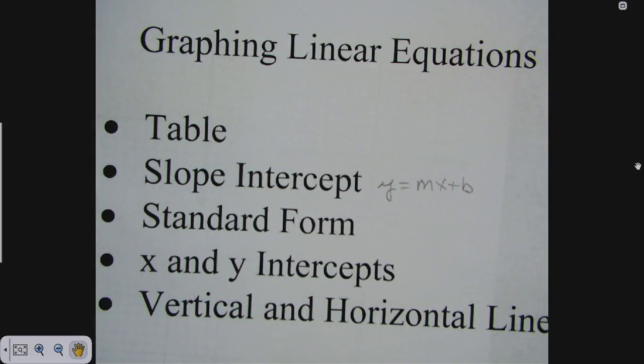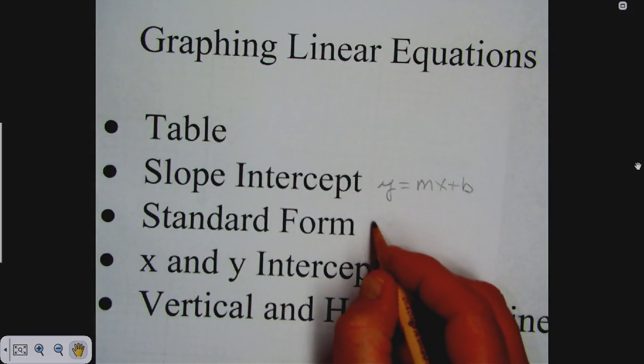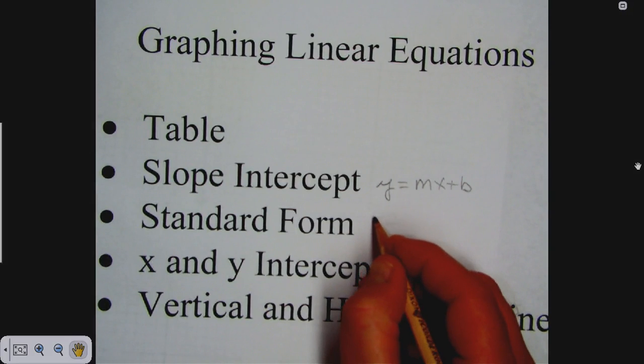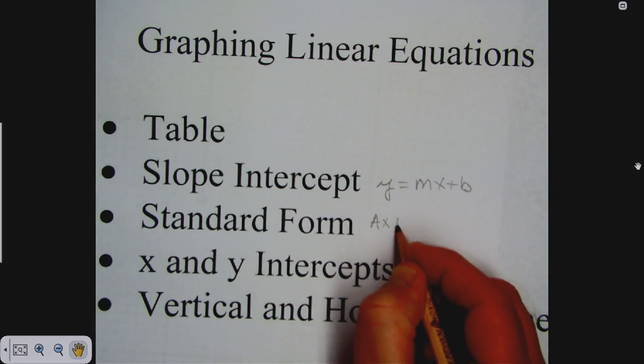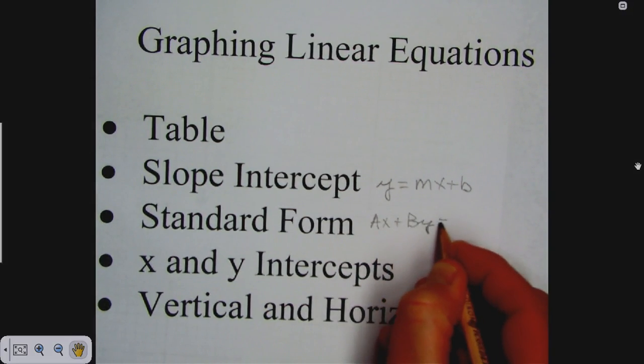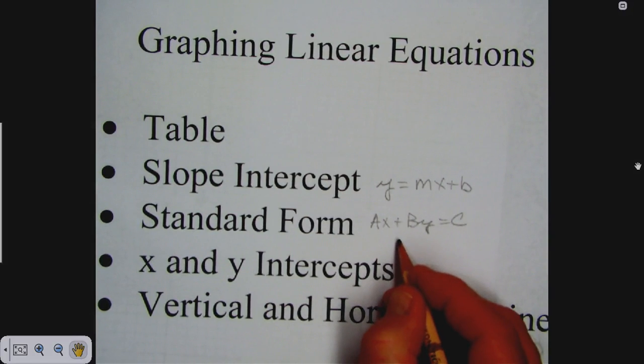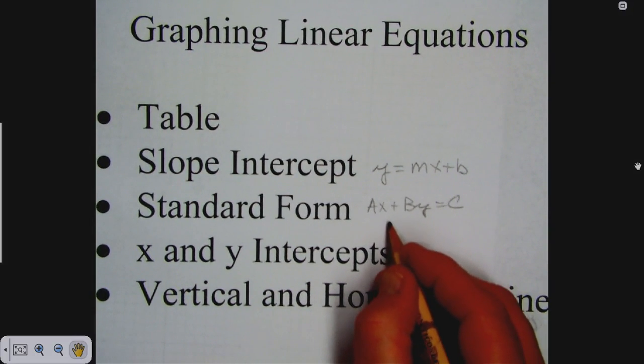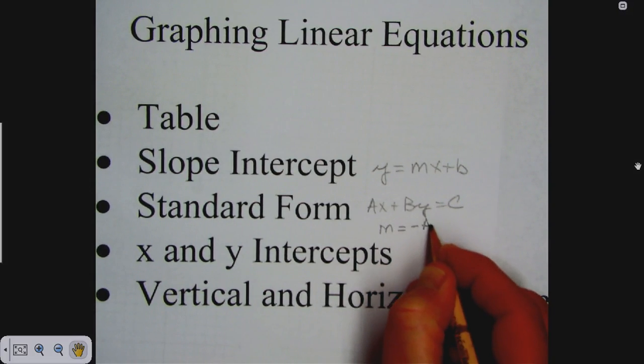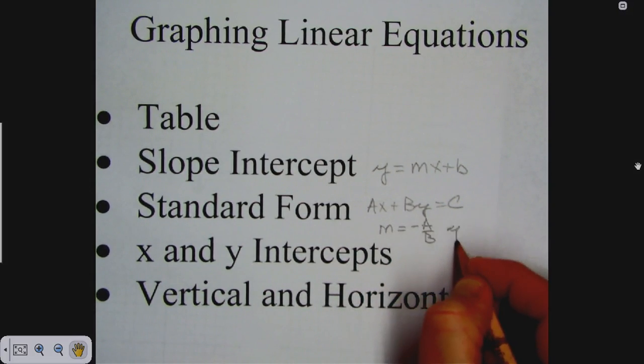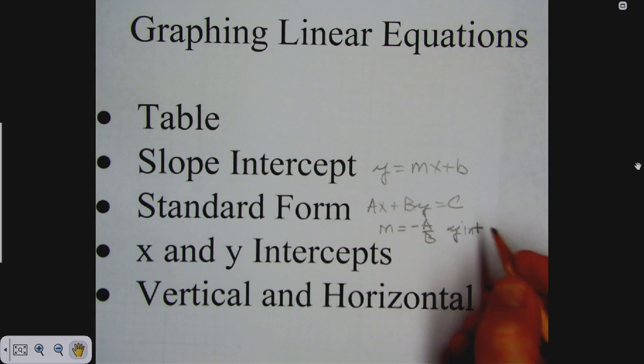We found that standard form means ax plus by is equal to c. But we figured out that when we do that, the slope is the opposite of a over b, and the y-intercept is c over b.